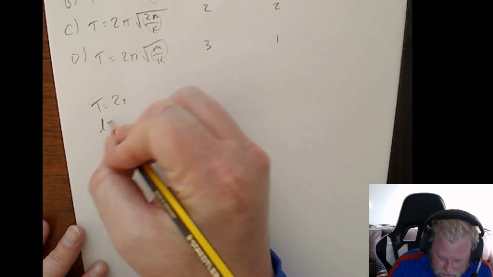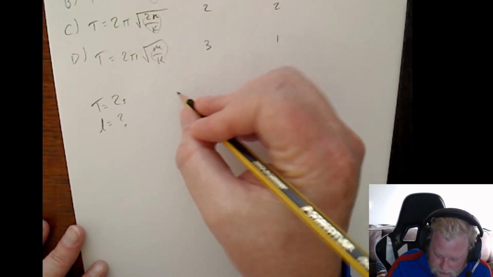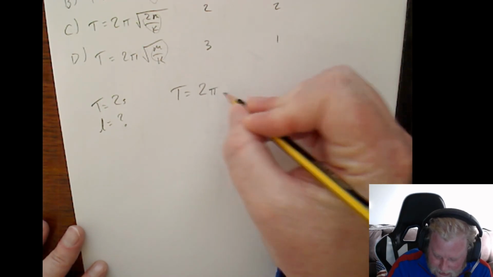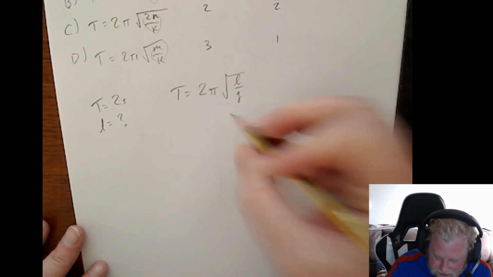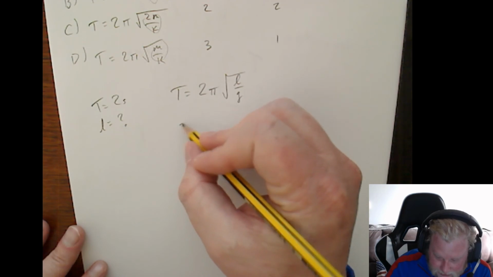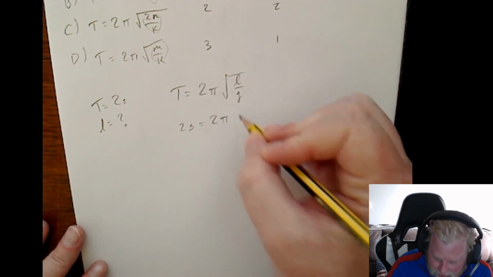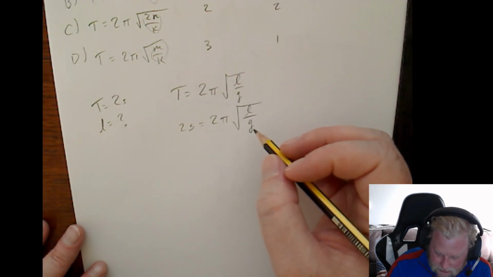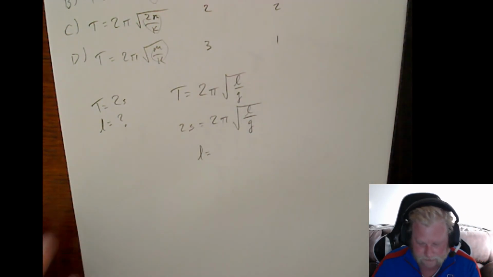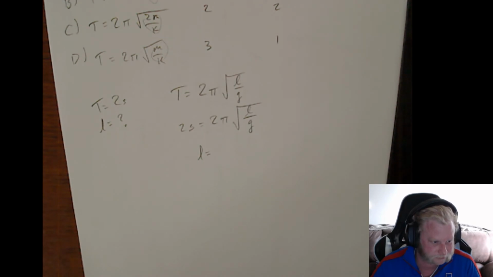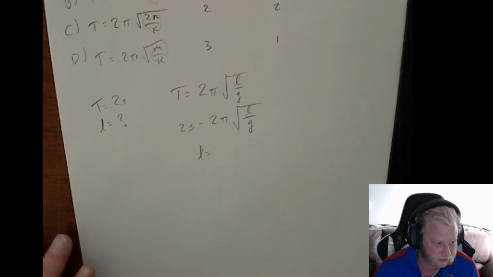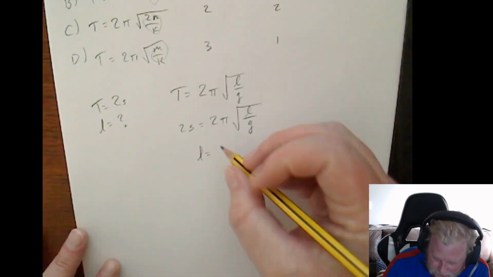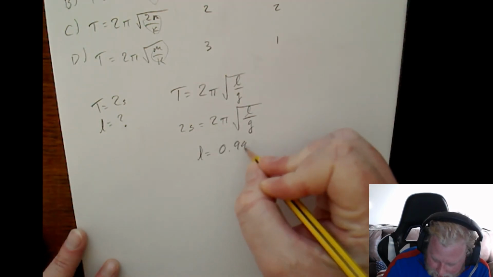We want to know the length of the pendulum. So T equals 2 pi times the square root of length over g. So 2 seconds equals 2 pi times the square root of length over g, and solve out for length. And you get a pendulum length of 0.99 meters.